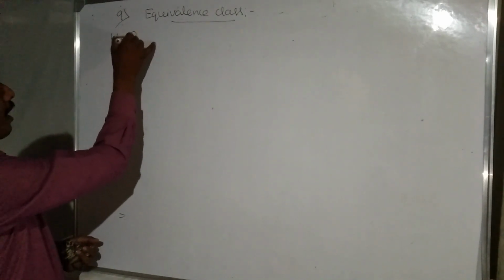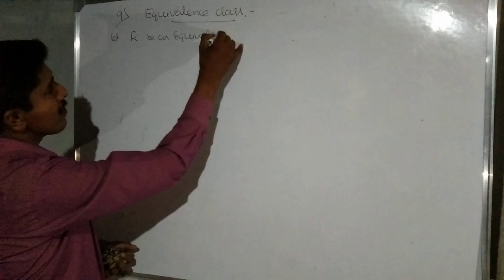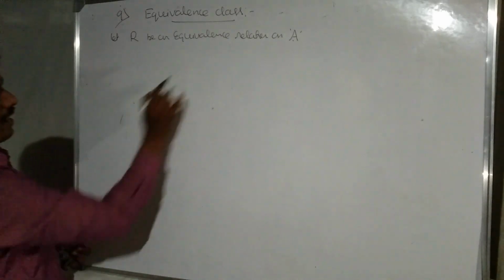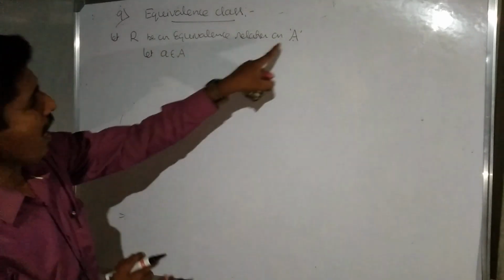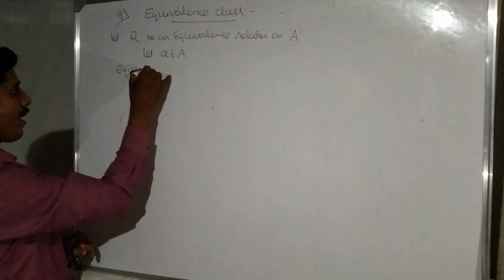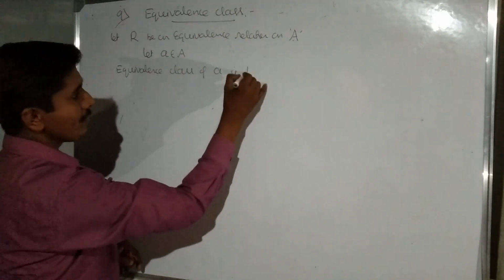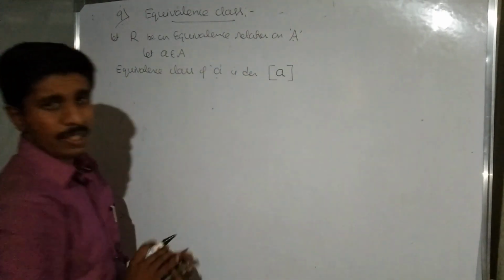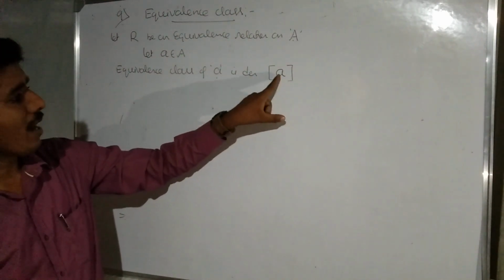Let us take R to be an equivalence relation on a non-empty set A. Let us take one element in the non-empty set A. Let a belong to set A. The equivalence class of a is denoted by a within a box, small a.